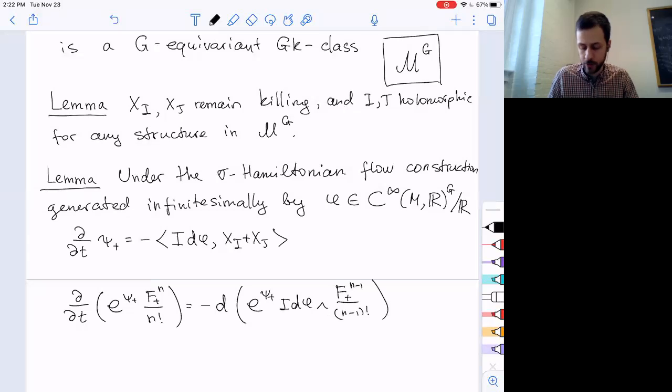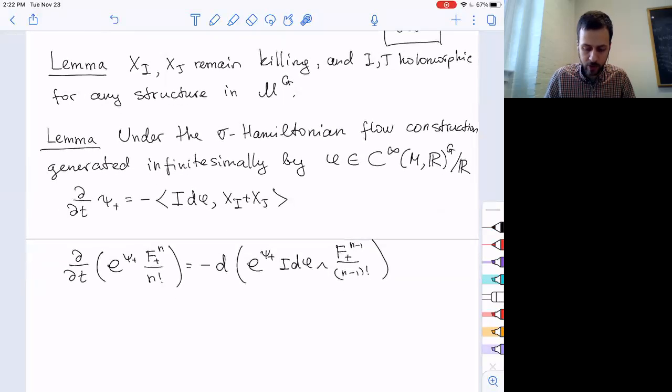So that's the statement. It's a matter of direct computation. Maybe I'll just mention a couple of things here. This globally defined smooth form is being modified by an exact form. In particular, the total volume of this form doesn't change.